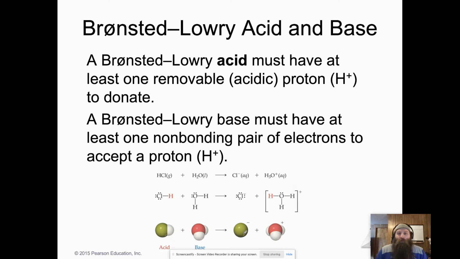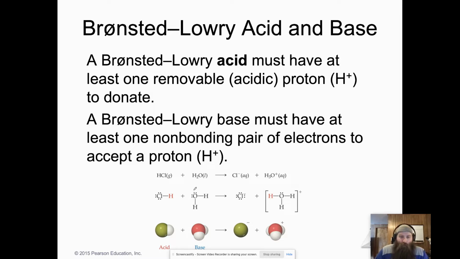Now, looking closer at the Brønsted-Lowry definition, in order to be a Brønsted-Lowry acid, you have to have at least one removable proton, and we call that proton the acidic proton. So here, in the example of hydrochloric acid, there's only one acidic proton. There's only one proton, so it has to be the acidic proton, and it can be removed. When we remove it, we're going to donate it.